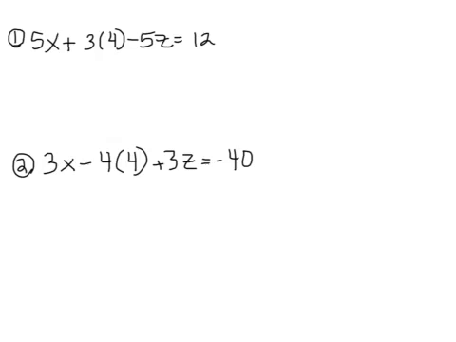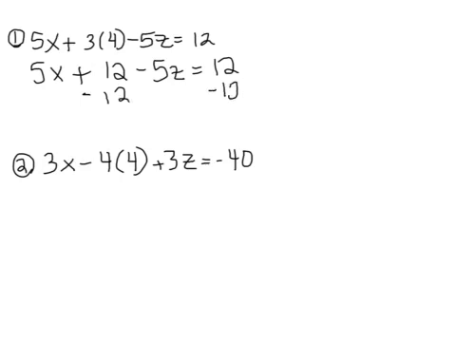So in the first one, 5x plus 12 minus 5z equals 12. And we're trying to get these into standard form, so anytime you have a constant number like plus 12, you don't want to have it over here with the variables, so let's get rid of it by subtracting 12 from both sides.